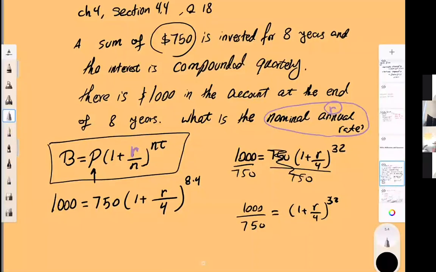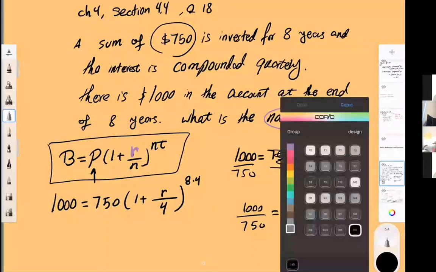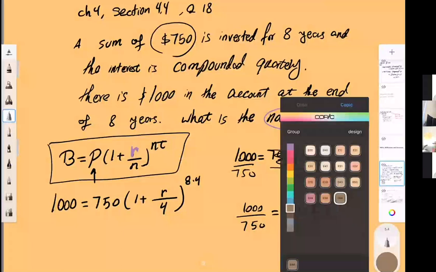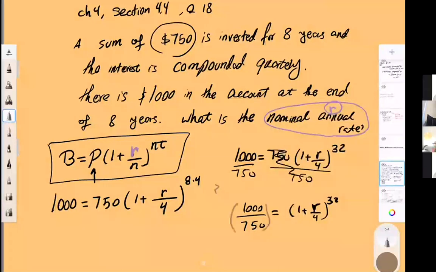Should we use log? We use log or natural log if the unknown is the exponent. But what we are looking for is in the base, so there's nothing to do. We don't need to take log. We will raise this to the power of 1 over 32, correct?